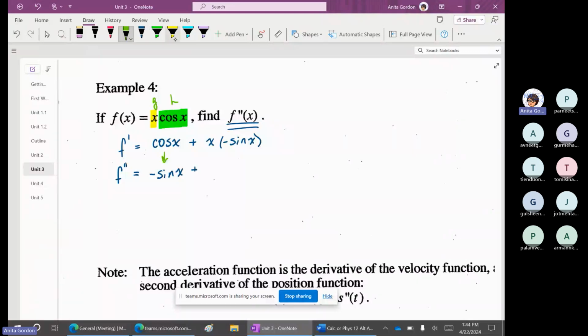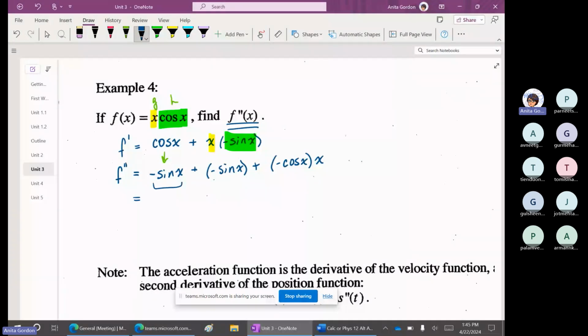However, here I have again a product rule. So derivative of the first times the second unchanged plus the derivative of the second times the first one unchanged. And here is where, because I'm not evaluating it at any point, I am going to simplify where I can.